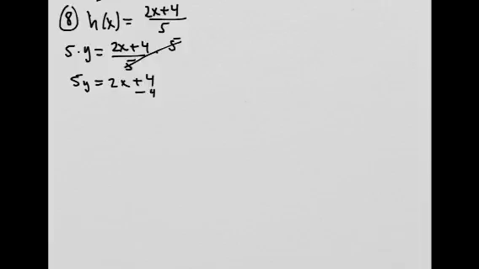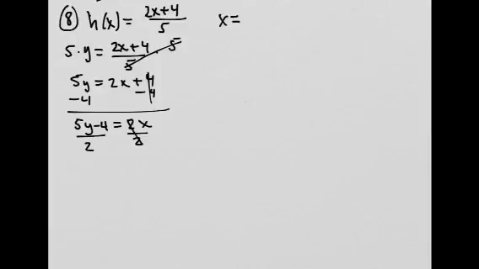We're going to subtract 4. And then we're going to divide by 2. So now x is by itself. So x equals 5y minus 4 over 2. Switch the x and the y.